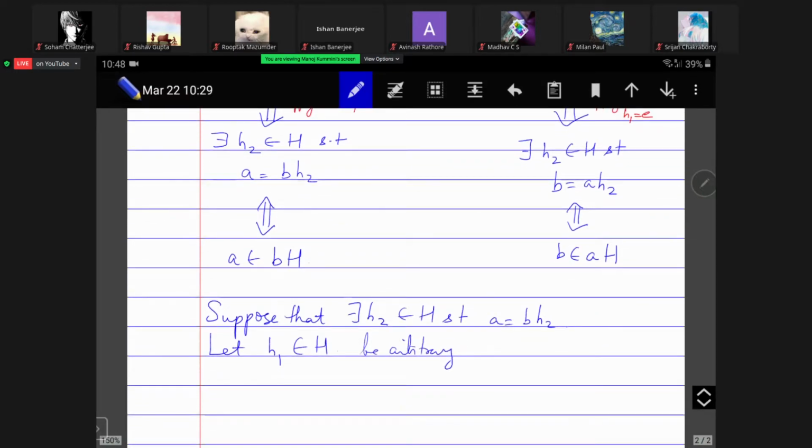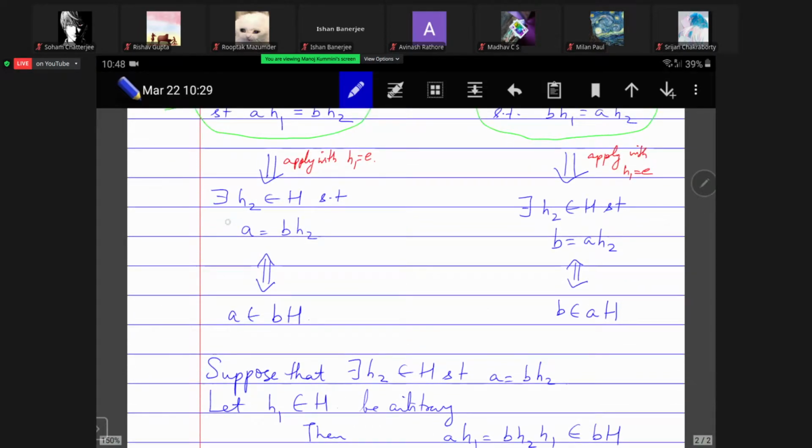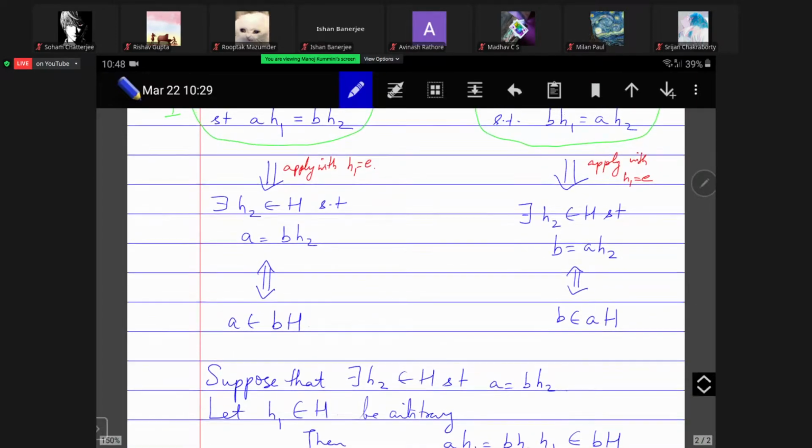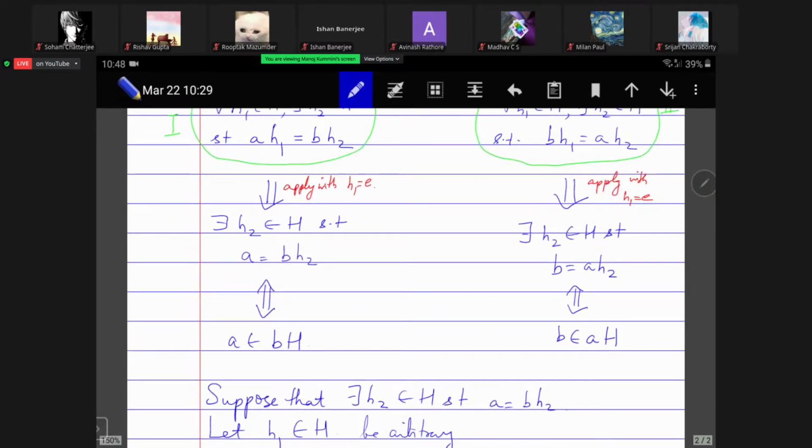Then AH1 is BH2H1, and this is inside BH, because H2 is inside H, H1 is inside H, and the product is inside H. So what we just proved is that this apparently weaker condition is also equivalent to the thing that I've circled in green. So this implication is what we just proved here. The explanation for this vertical arrow is this.